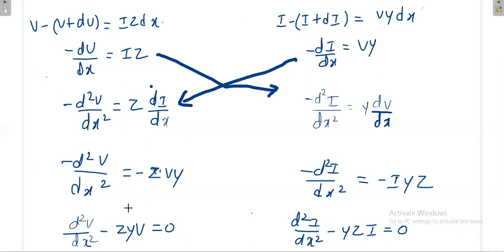So I take the voltage equation, that is d square V by dx square minus ZY V is equal to 0.